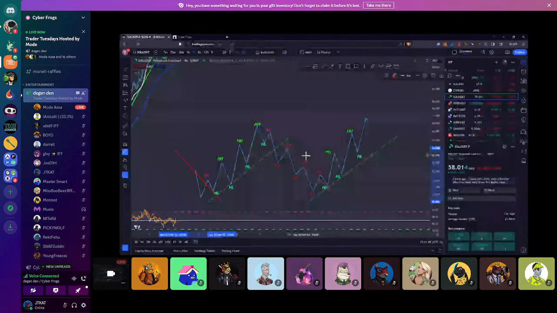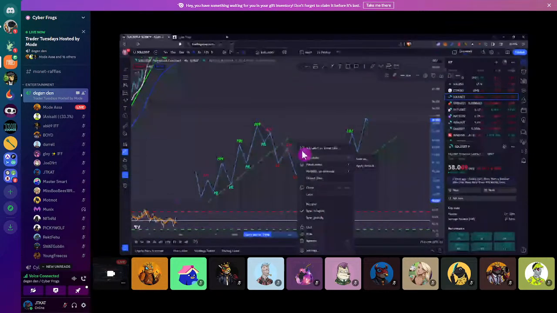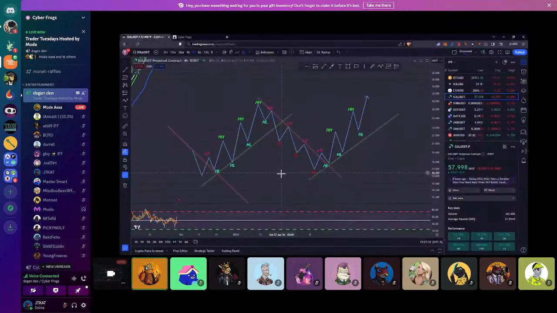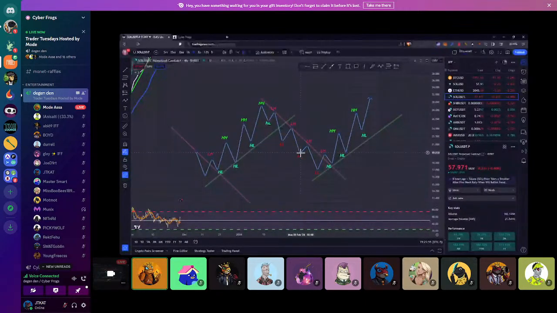Let me just do this. So now you see how the market tends to move, right? And you see here, when we come back down, we're usually not all the way back down as low as we were. We're up just a little bit. We're up a level or two.